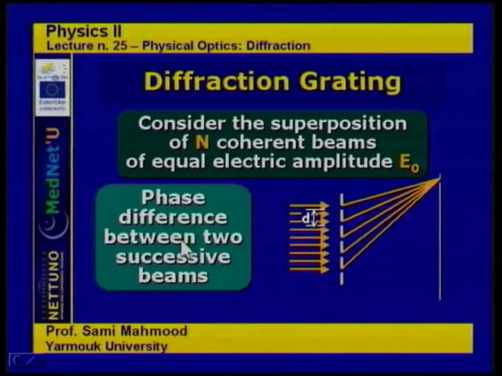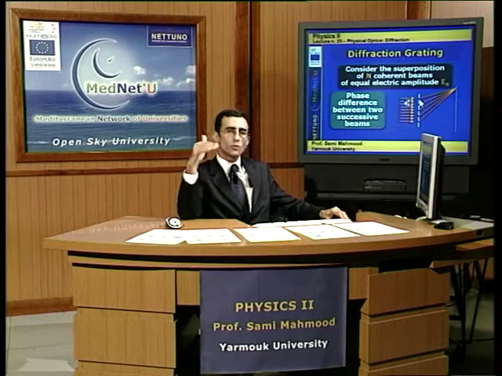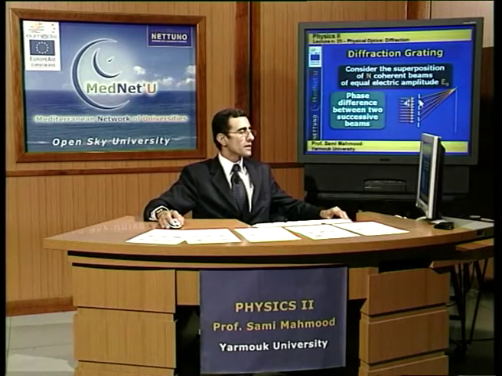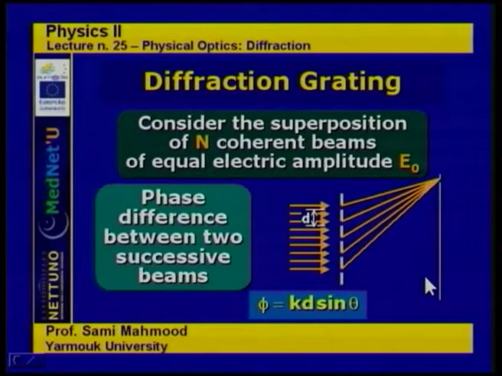The phase difference between two successive beams emerging from two successive slits or openings, which are spaced by a distance d, small d, is, as obtained before, equal to kd sine theta, where d sine theta is the optical path difference.